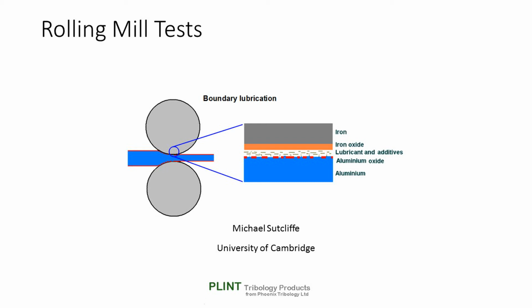In hot rolling, the role of additive chemistry is critical, as well as temperature and the development of transfer layers. Mixed lubrication is common, with a combination of asperity interaction, chemical additive action, and microplasto-hydrodynamic lubrication.